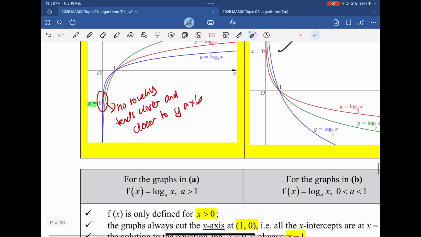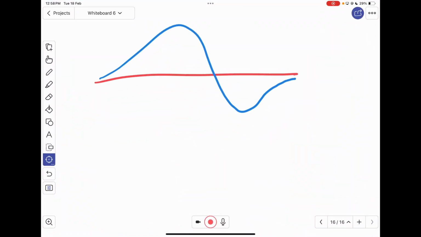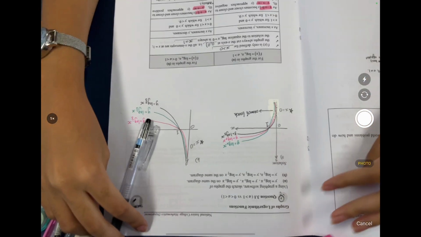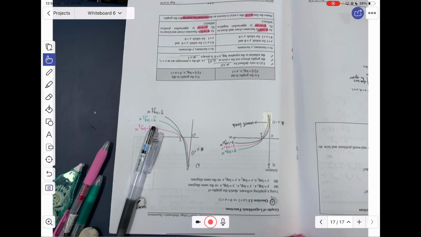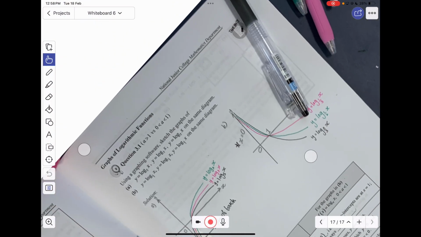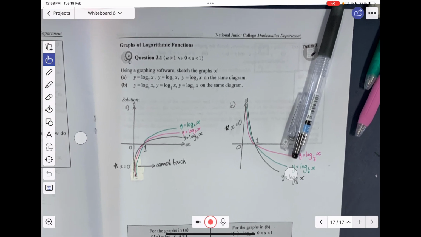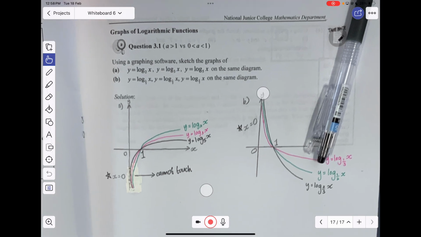Okay, I will show you what I expect from notes. You look at this one. Wow, look at this graph. Your notes should be of this standard. What's the Malay word for it? Cantik, correct? Pretty, this is very pretty.